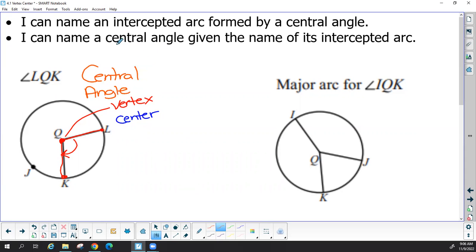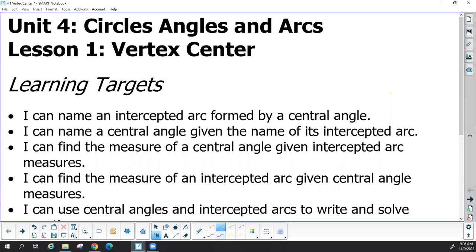And you can see up here that we want to talk about central angles. So a central angle is an angle whose vertex is at the center. And as you may or may not have noticed, the name of the lesson is about vertex at the center.